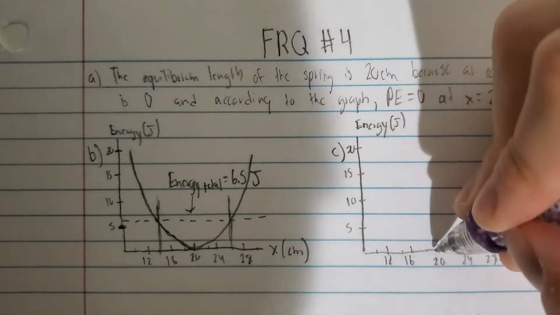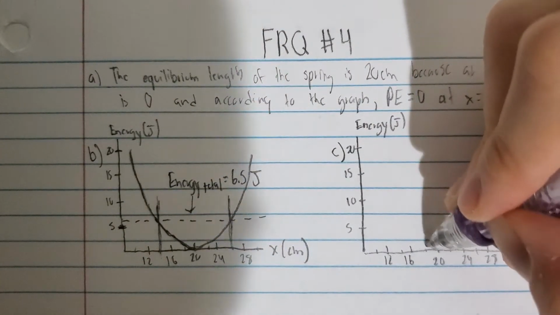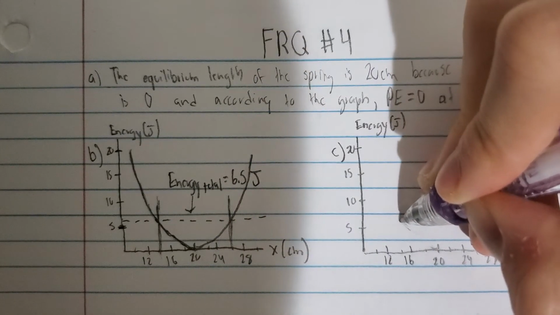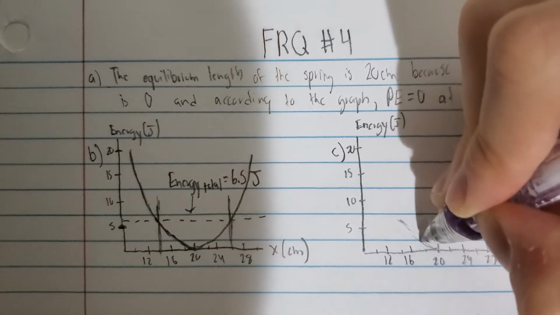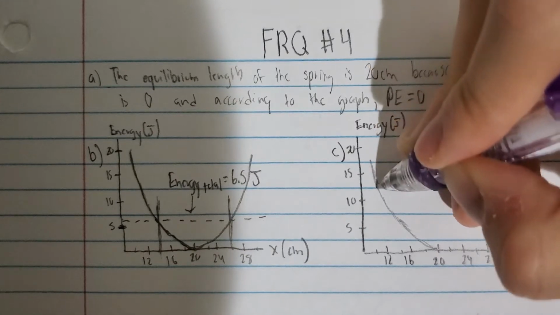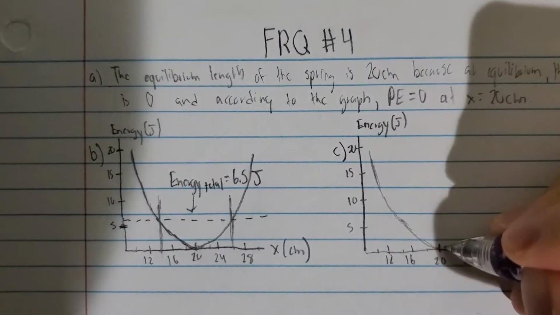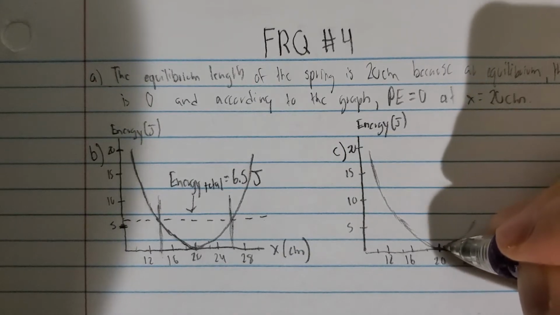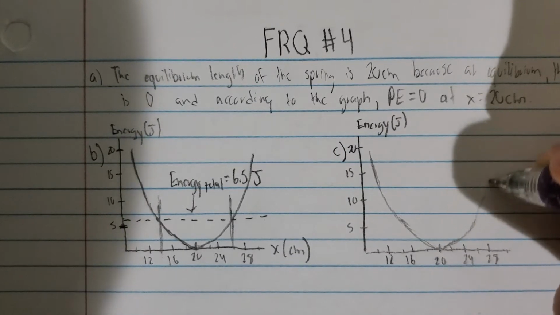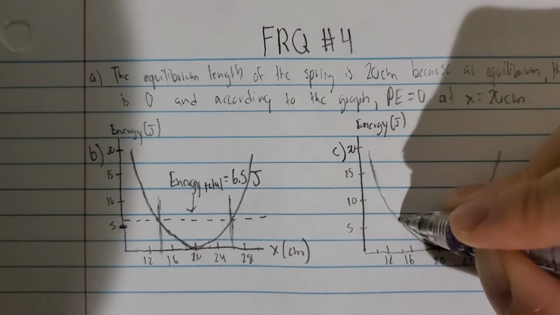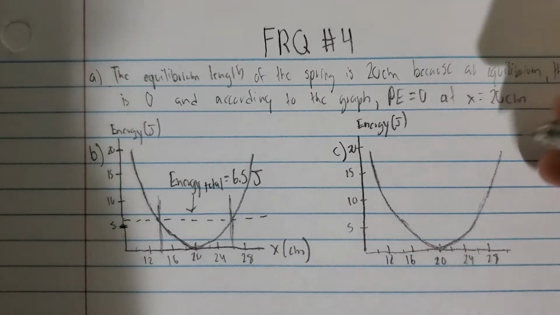All right, and here's our graph, this is our PE graph. It should hit 6.5 somewhere right here. All right, so this is our PE graph.